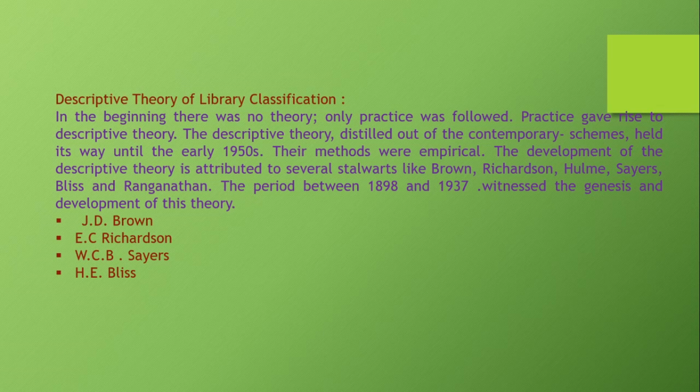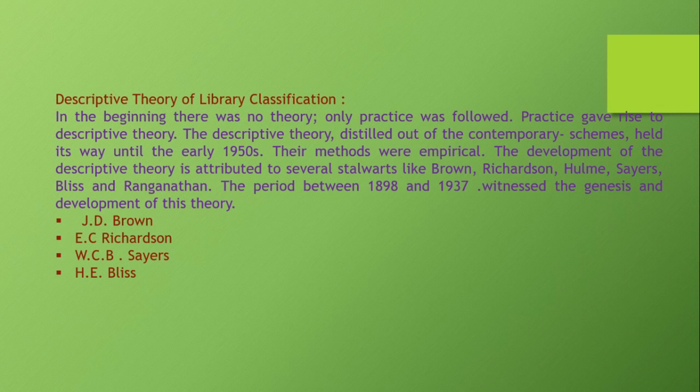The development of the descriptive theory is attributed to several scholars like Brown, Richardson, Ham, Sayers, Brace, and Ranganathan. The period between 1898 and 1937 witnessed the genesis and development of this theory.